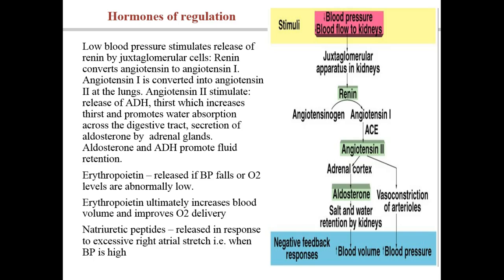If you have a high amount of blood volume, which creates a large amount of pressure in that right atrium, it's going to stretch it, and these peptides will be released to cause the kidney to give off fluid, since the thing that can really control fluid level is the kidney. You have these released by the right atria.